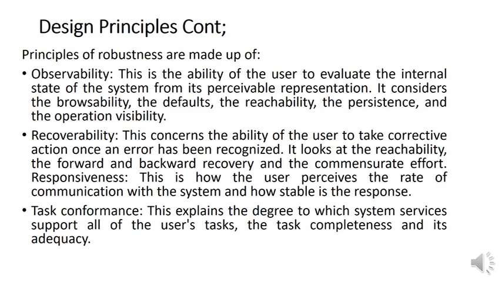This explains the degree to which system services support all of the user tasks, the task completeness and its adequacy. Meaning for every task that the user is trying to execute from the system, he has to rate how the system supports those tasks and how adequately it completes those tasks.